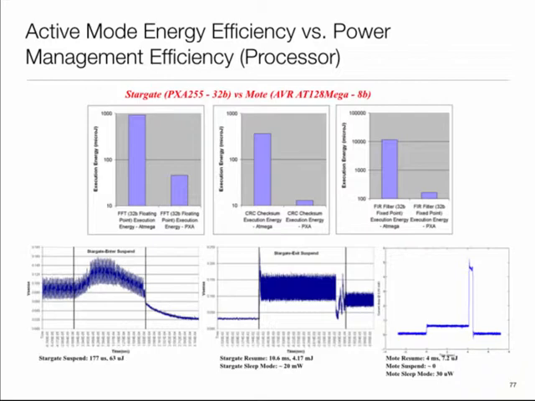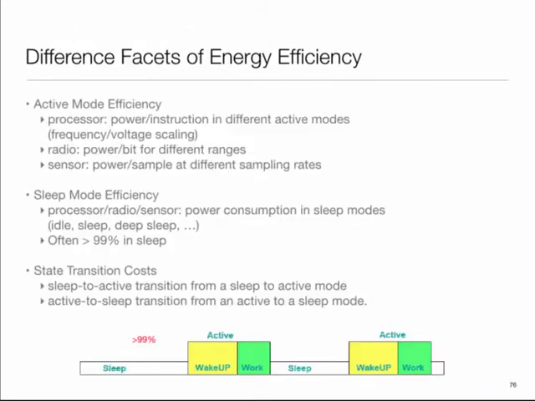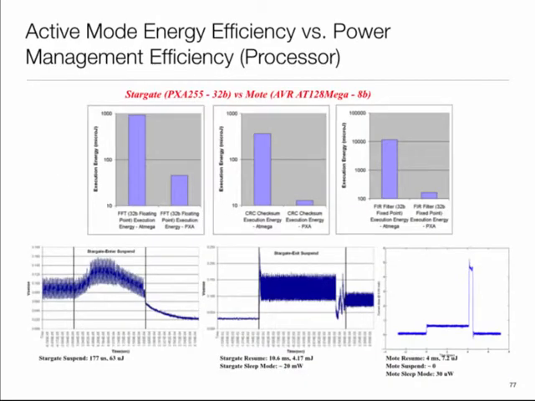The bottom plots are showing how the second form of efficiency that we talked about, the sleep mode efficiency, plays out. In particular the wake up time. So this is the higher power device, and when it is suspended and then woken.